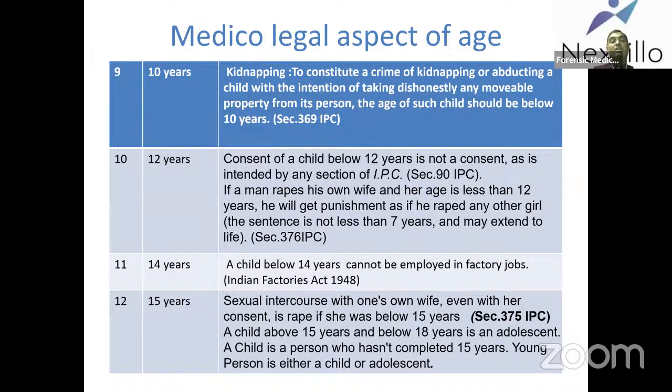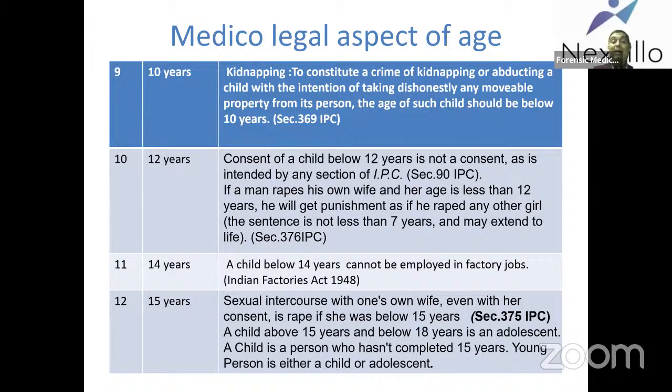Here Section 375 Indian Penal Code is going to be a very important aspect, because if a girl has run away with a boy, and they have willingly married and performed sex with consent, but the girl had not attained the required age, that is, below 15 years, even if it is with consent, the sexual relationship will be considered as rape, and that should be punished according to Section 375 Indian Penal Code.